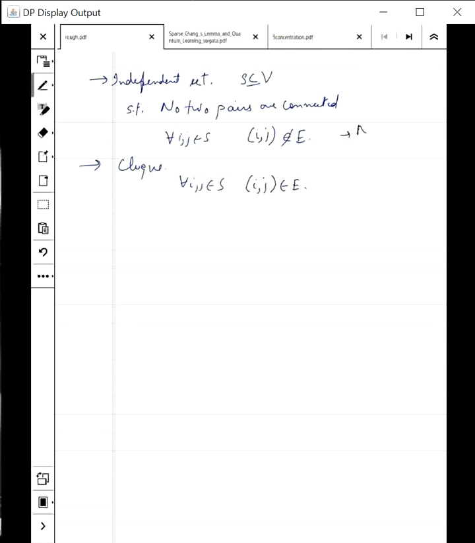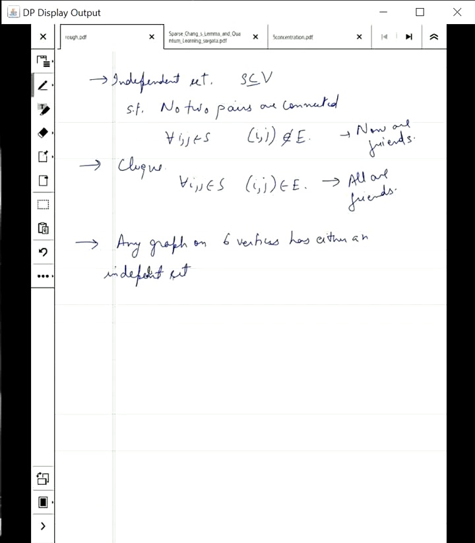None are friends in the first case, and in the second all are friends. So the previous claim changes into: any graph on 6 vertices has either an independent set or a clique of size 3.